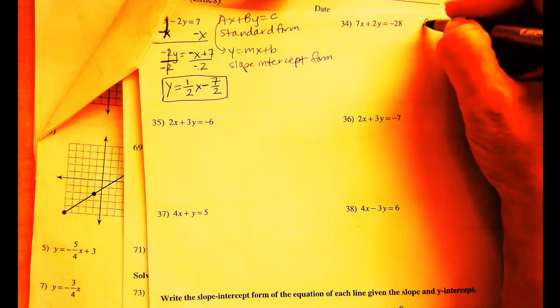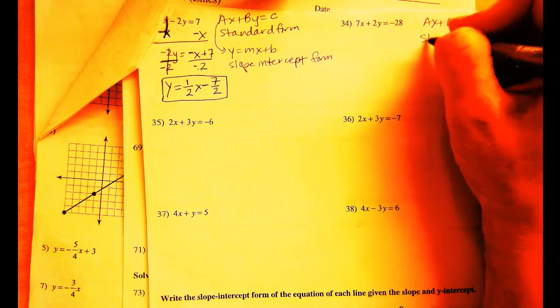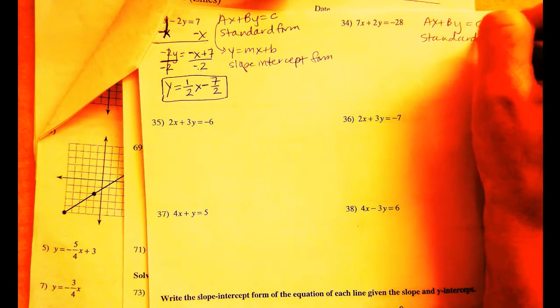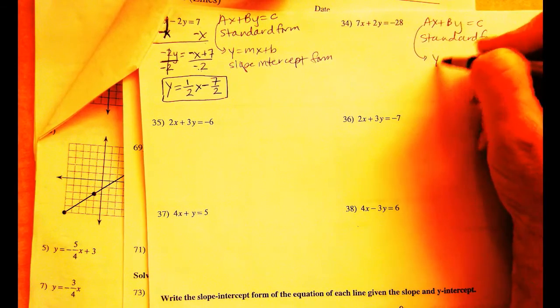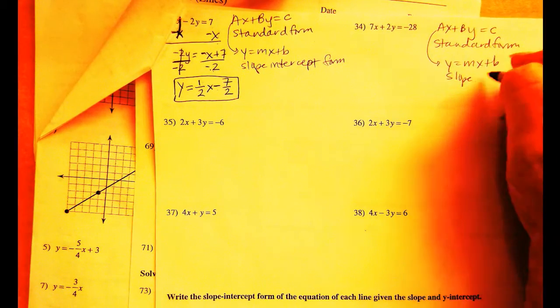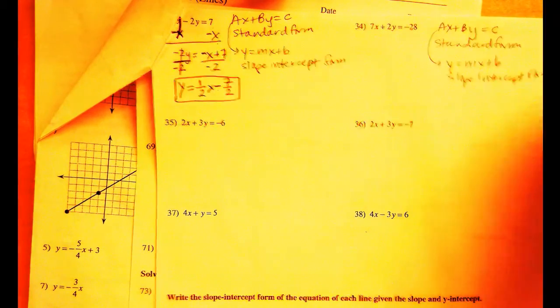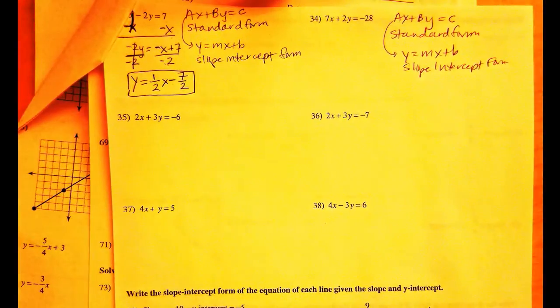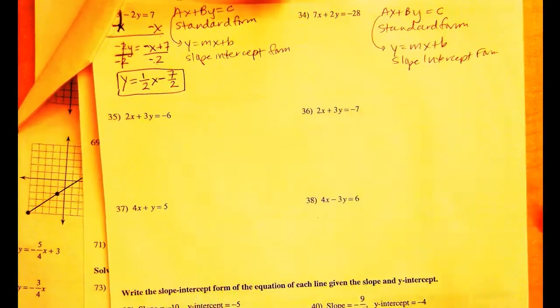7x plus 2y equals negative 28. That's standard form. And I want to convert that into slope-intercept form. And I'm going to use my algebra again. So using the algebra, I want to move this x term over to the right.